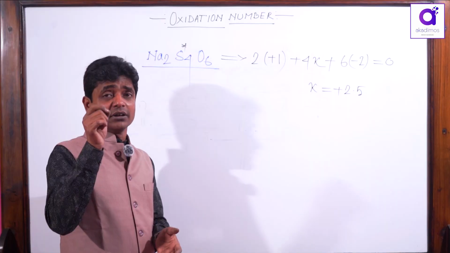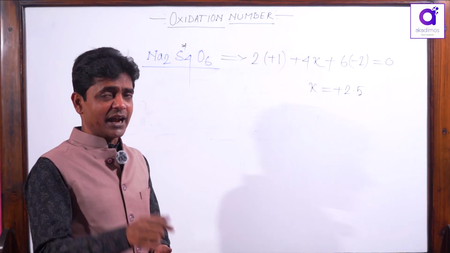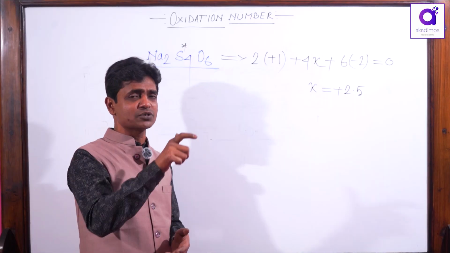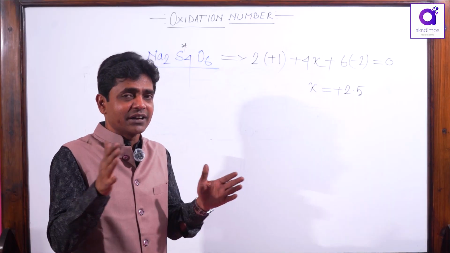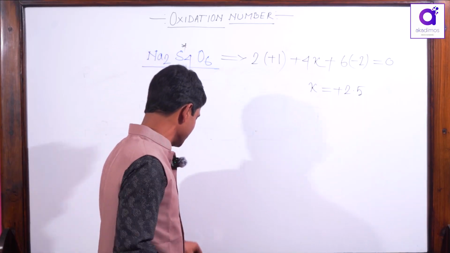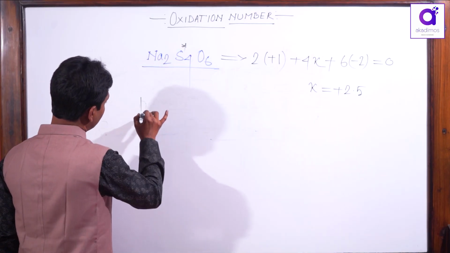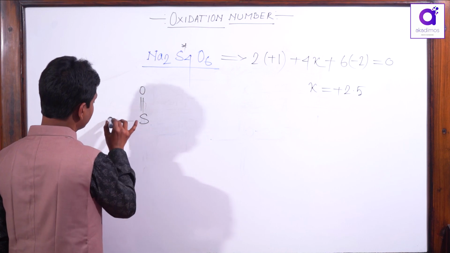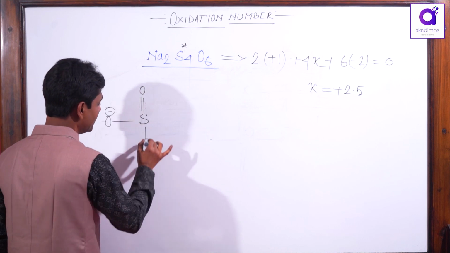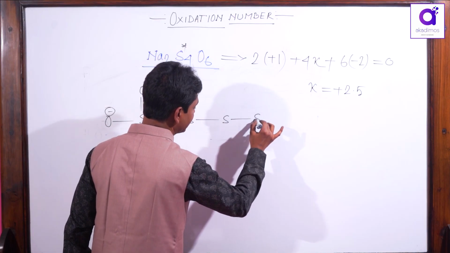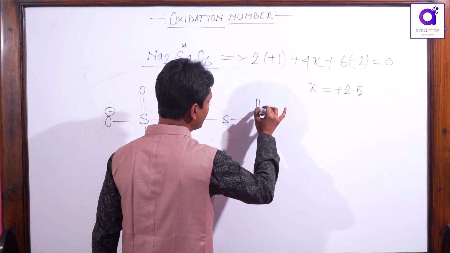Actually, if you draw the structure and calculate the oxidation number of the 4 different sulfur atoms, never will you get a fraction. See the structure and see how you will get the oxidation number of different sulfur in sodium tetrathionate. This is the structure of sodium tetrathionate that we will get in the p-block.